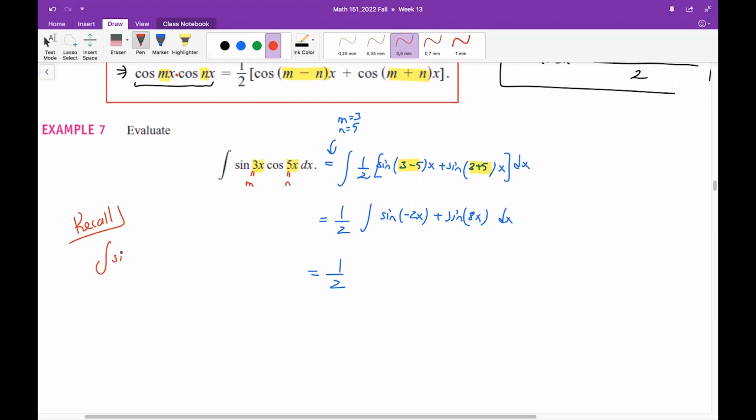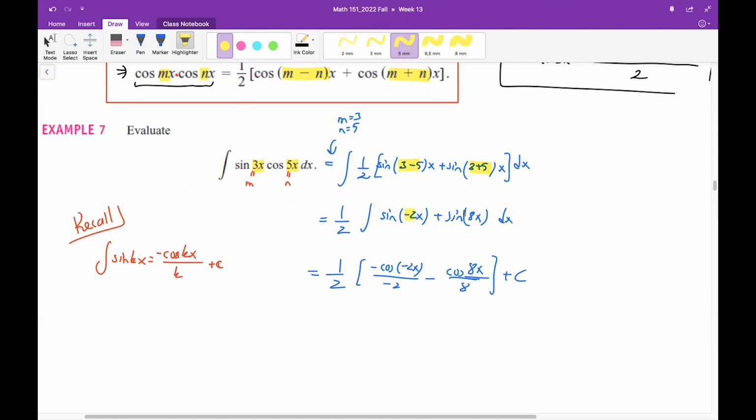Recall the integral of sine kx is minus cosine kx over k plus an arbitrary constant c. So the integral of the first expression is minus cosine(minus 2x) over minus 2, as your coefficient k is minus 2 here, and similarly minus cosine 8x over 8, plus an arbitrary constant c.